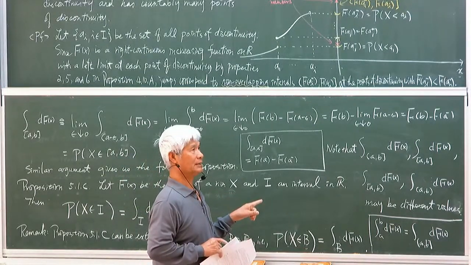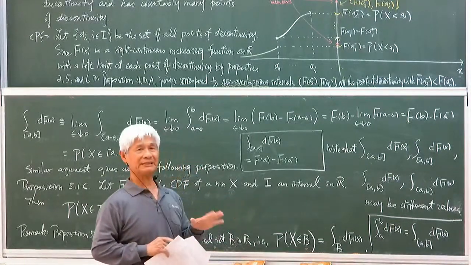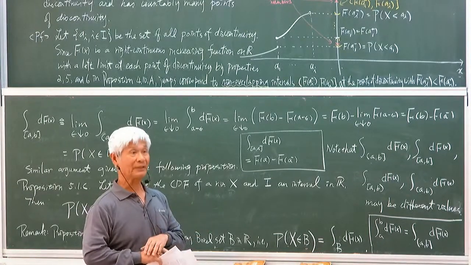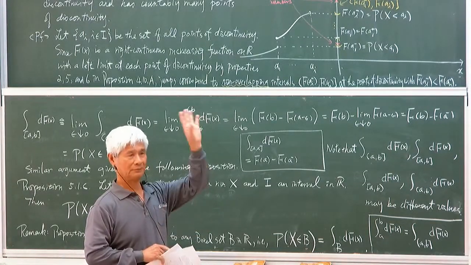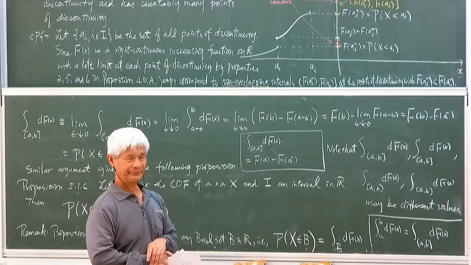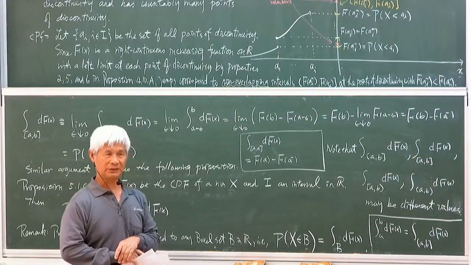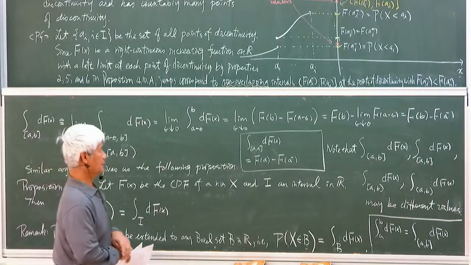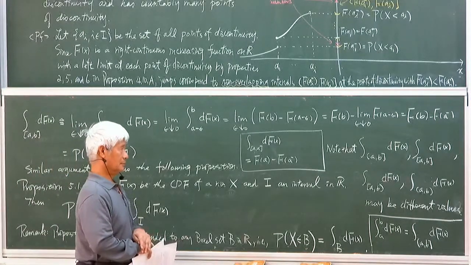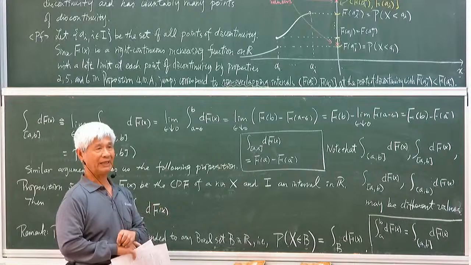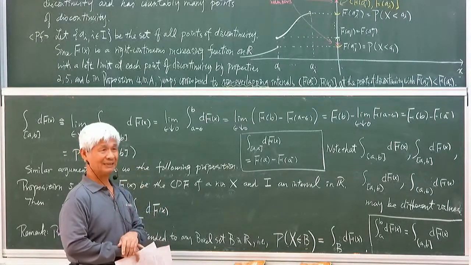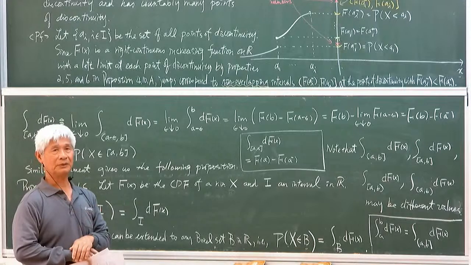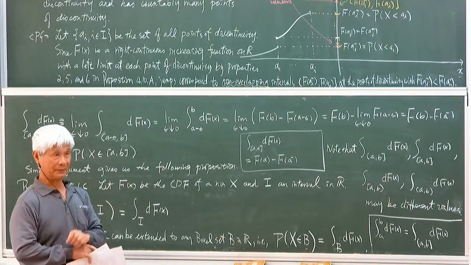In chapter 6, we will consider two or more random variables together, and we will consider joint distributions there. So the computation becomes a little bit more complicated, because we will go from one variable calculus to several variable calculus there.